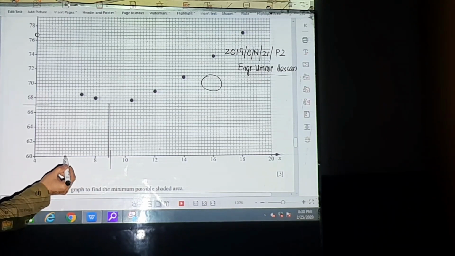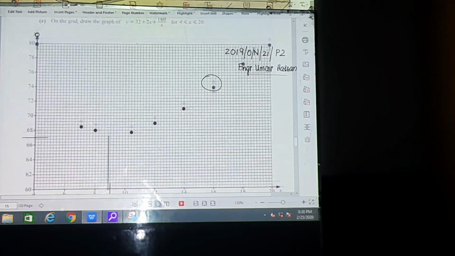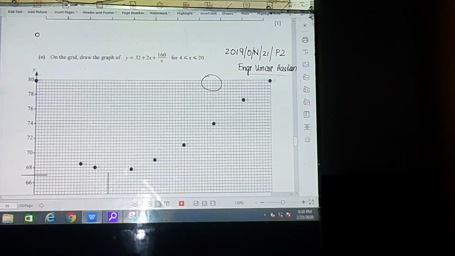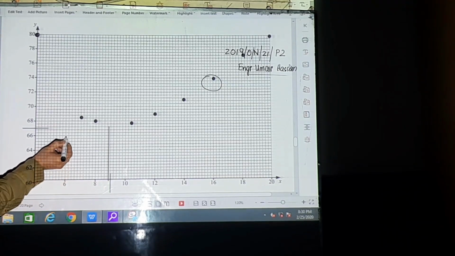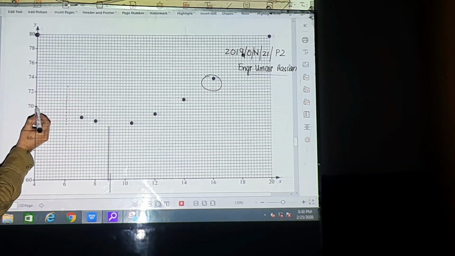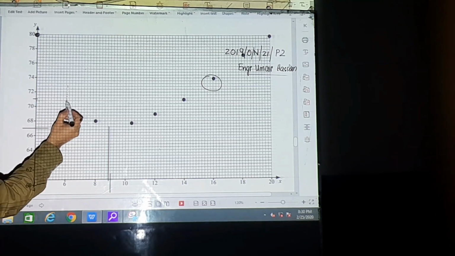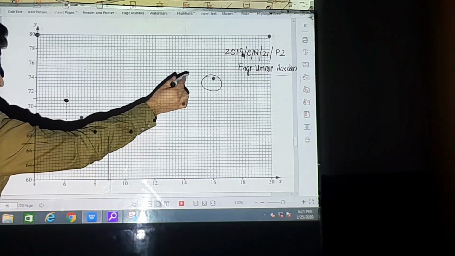This is 70, this is 71, so 70.7 will be something like here, the second point. Similarly, you can plot all these points.